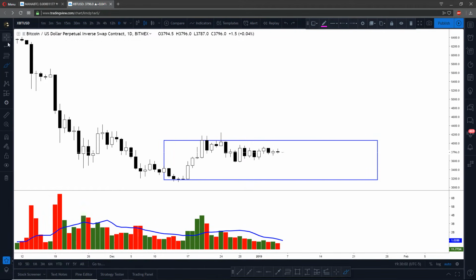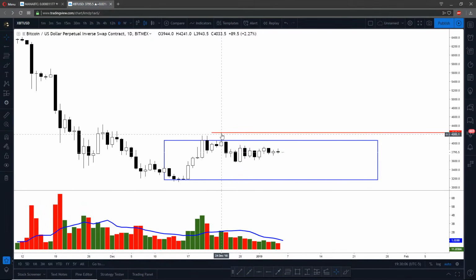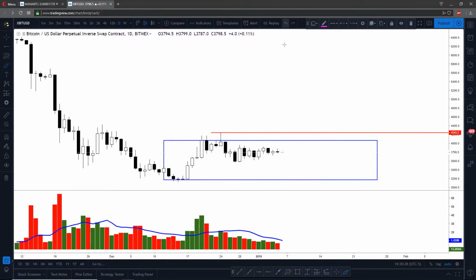Because what if this wick is respected as the high? And you're taking a trade on a candle close right here. Let's say it shoots up and the candle closes right there. You closed outside your accumulation high. That would be a buy signal, right? But we closed below the accumulation high if you're using the wicks.